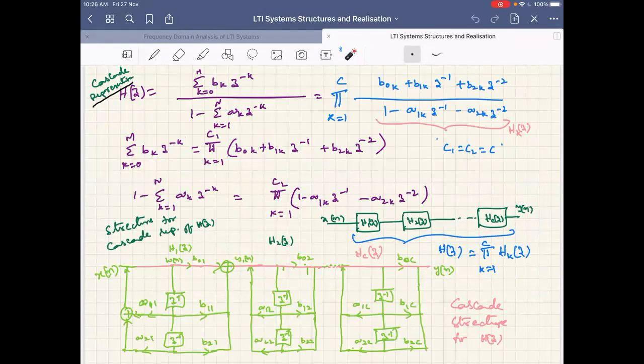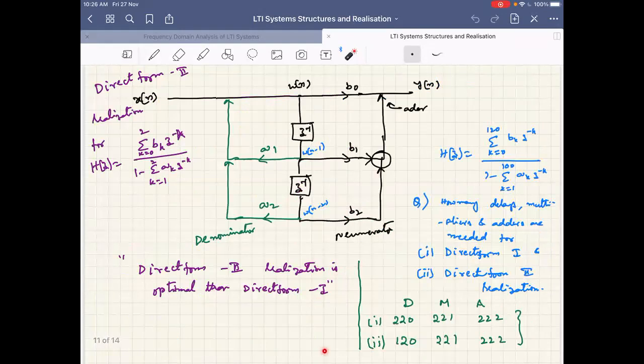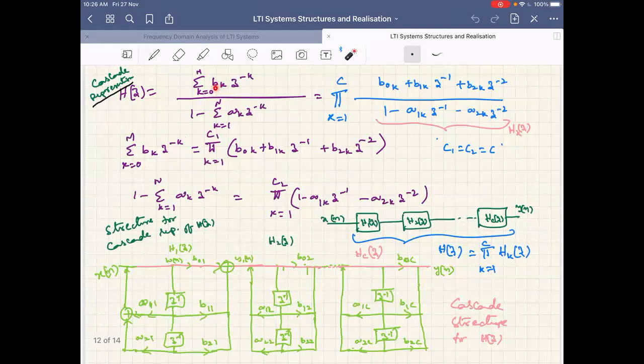One more thing that is usually of interest for the discussion is, see, if you have a big system and you realize it like so, even if there is a mistake, say an overflow through multiplication at some point, it will affect all the zeros. For example, if one b_k is affected here, then all the zeros will have this effect.